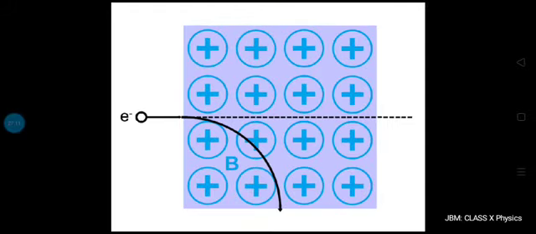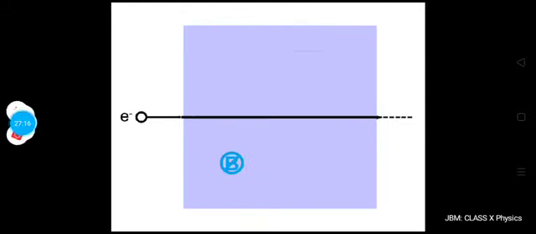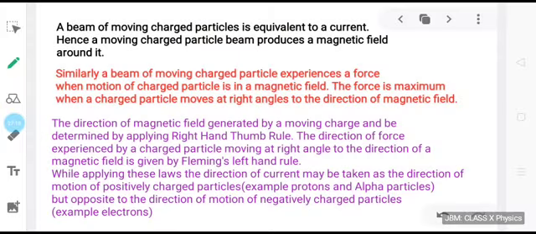So after observing all these pictures, we can draw some important conclusions. A beam of moving charged particles is equivalent to a current, hence a moving charged particle beam produces a magnetic field around it. Similarly, a beam of moving charged particles experiences a force when motion of charged particle is in a magnetic field.